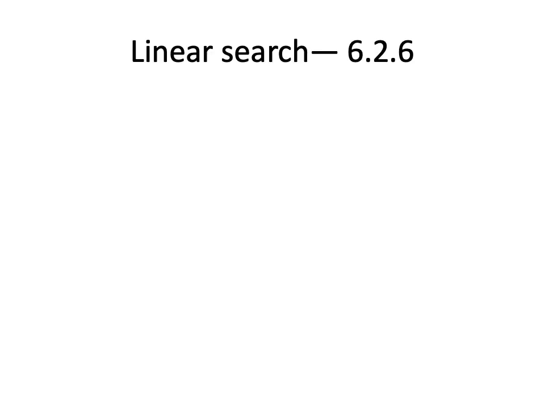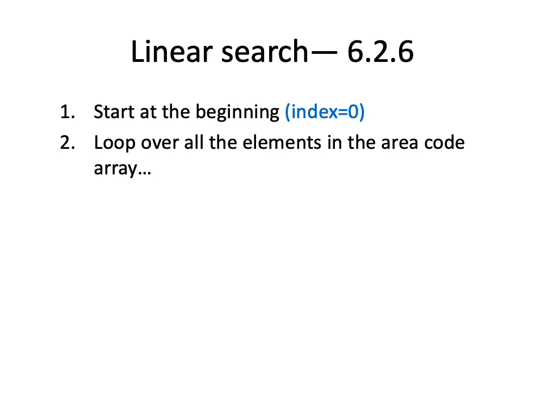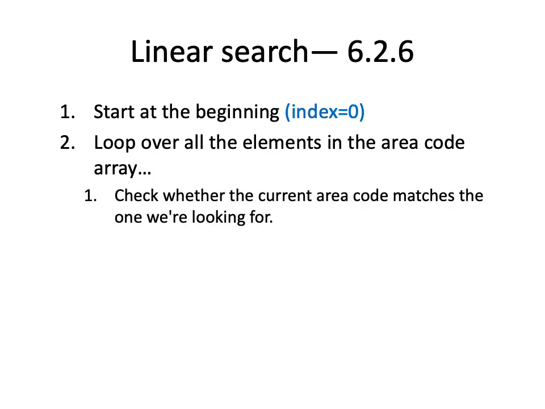What is the linear search algorithm? Here's what it does in a nutshell. First, we start at the beginning at index equals 0, the very first index of the array that we're searching, and we loop over all of the elements in the area code array. Each iteration, we check whether the current area code at this index matches the one that we're looking for.